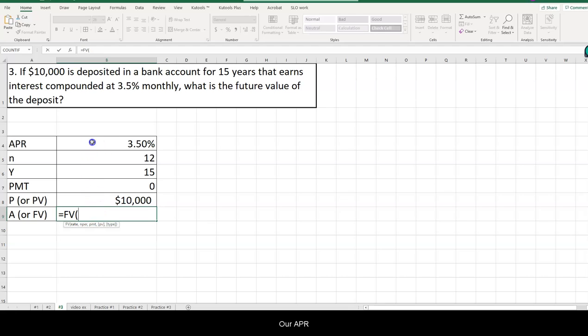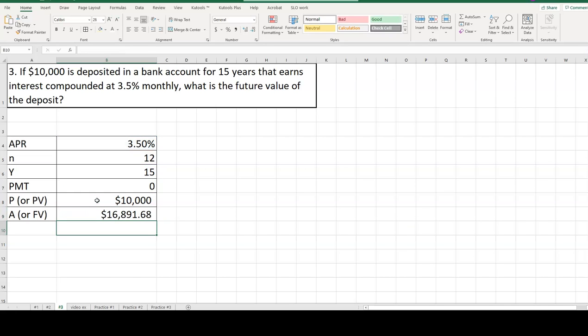So our APR divided by our n, comma, our n value times our y value, comma, our payment, so negative, and then that payment cell, and then our principal, so negative, and then that cell value. In my parentheses, so for this one we will have $16,891.68 for our future value.